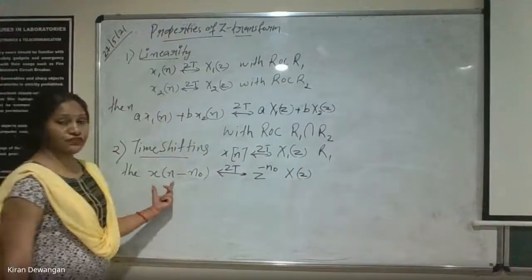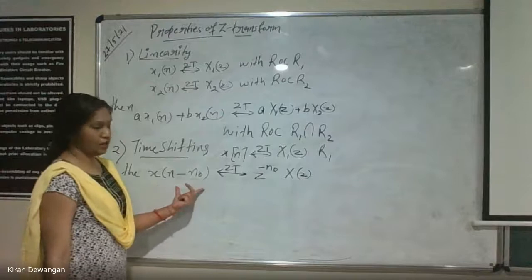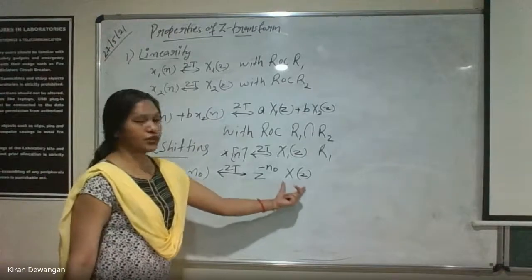That means if it is shifted by n minus n naught, this term will get multiplied to X of z.